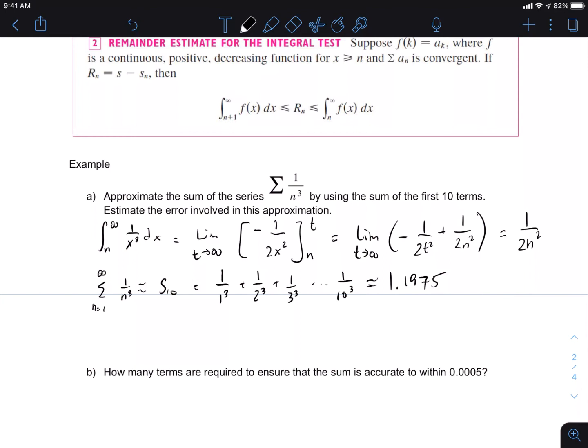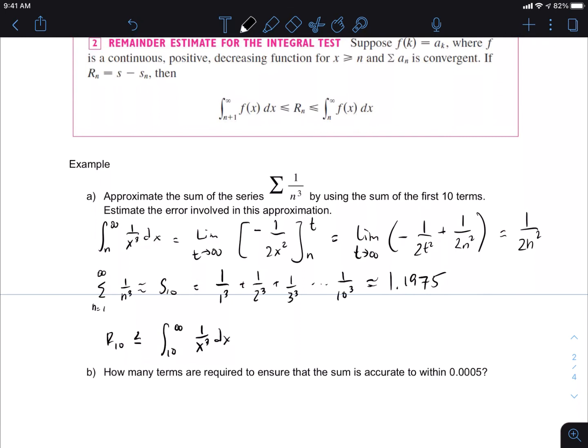And now we want to find out what the error is. And so the error that we're going to find is going to be this. So our remainder is going to be less than or equal to the integral from 10 to infinity of 1 over x to the third dx, right? Because there's 10 terms.